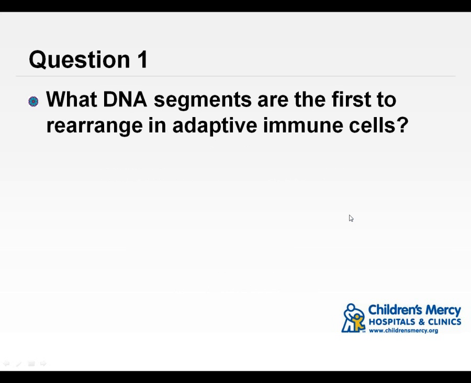Okay, so I'm going to start today with a few warm-up questions. Think about them for a second and write down your answer, and we'll come back to them at the end. But what DNA segments are the first to rearrange in the adaptive immune cell?